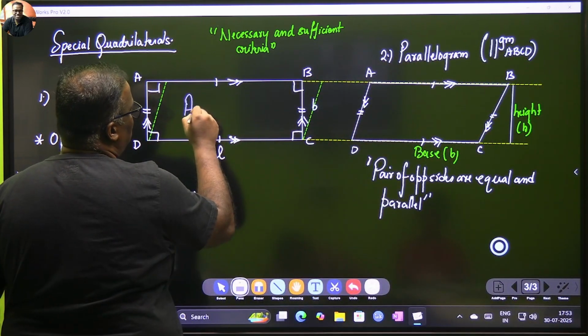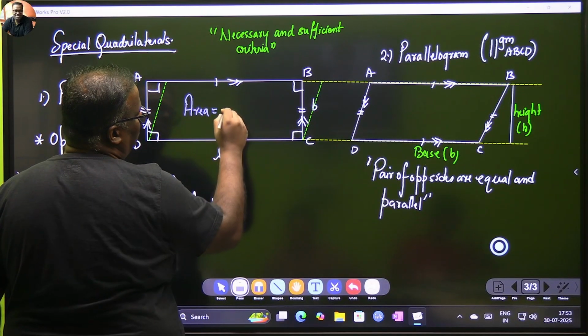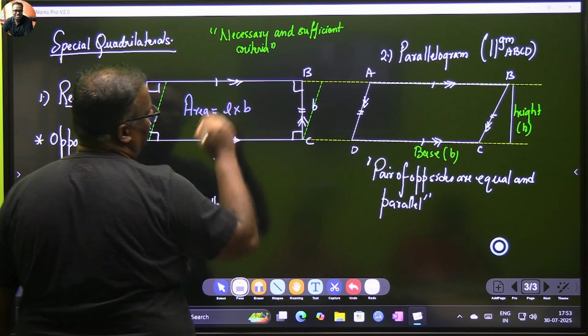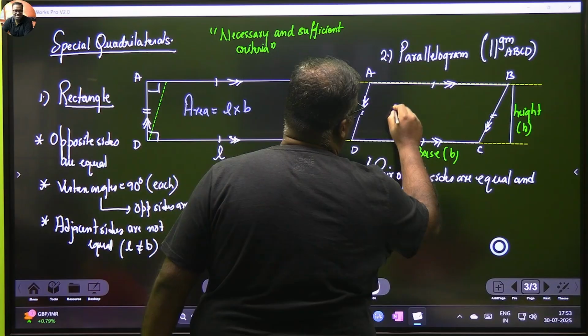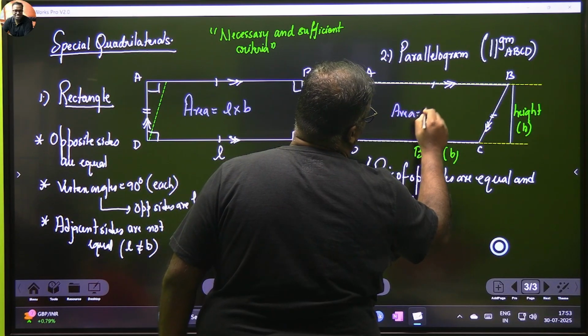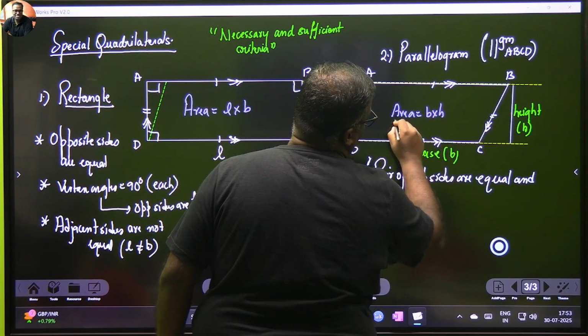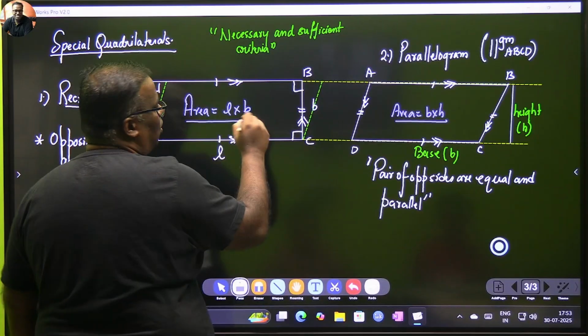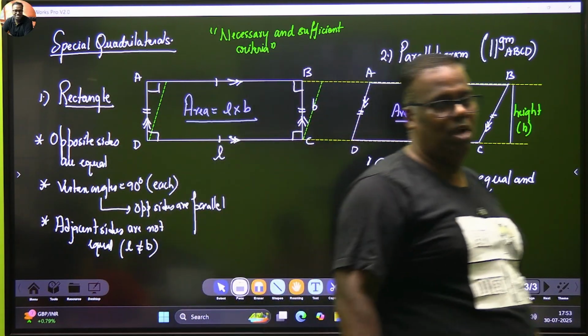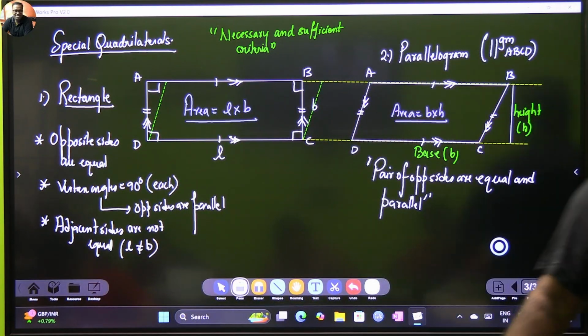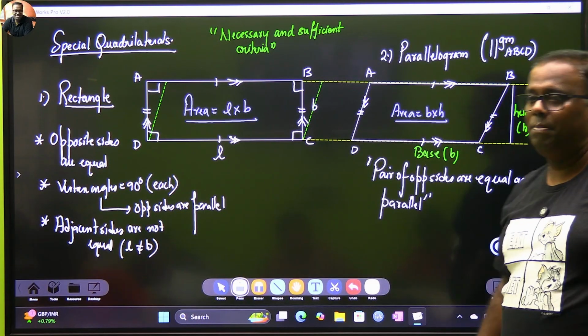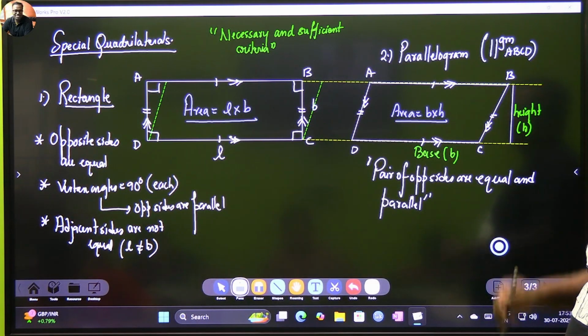So a lot of things we are learning right now. The area of a rectangle will be length times breadth, and out here the area will be base times the height. Whether in this chapter or later, start learning from now itself: the area of a parallelogram is always the base multiplied by the height.